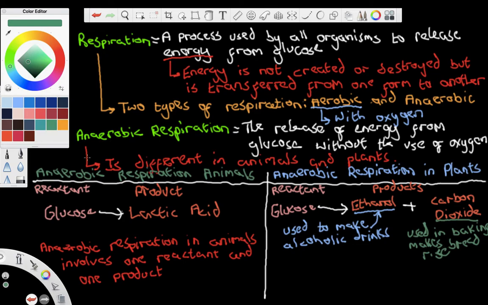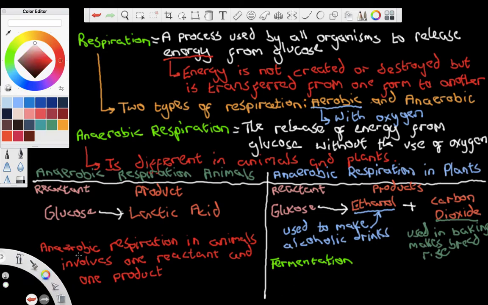In plants, we call anaerobic respiration fermentation. So fermentation, which is our last keyword. I have tried to keep it all on one screen today for you.